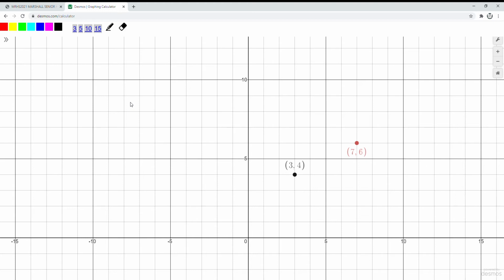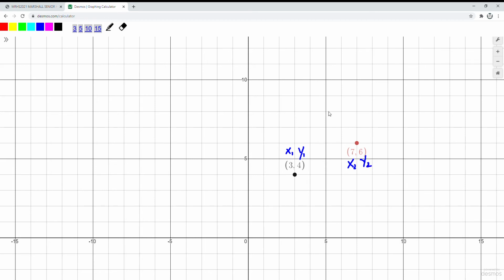So what I like to do anytime I have coordinates, whether I'm working on slope or whether I'm in geometry talking about the distance formula or midpoint formula, whatever it is, what I like to do with my coordinates is label one of them x1, y1, and label the other one x2, y2.